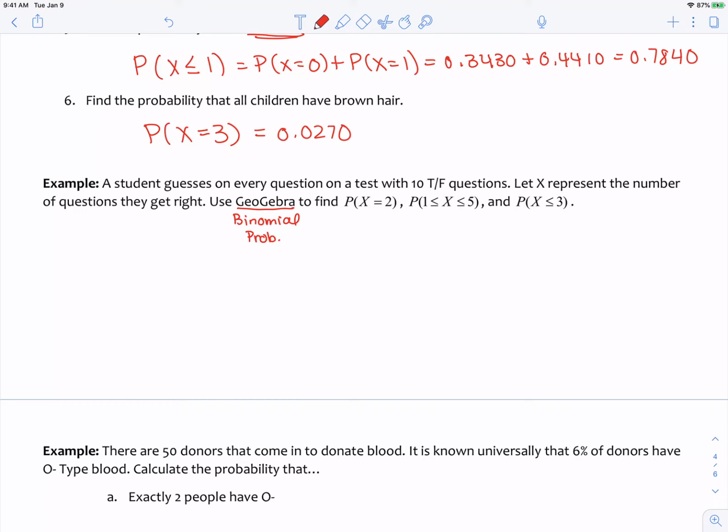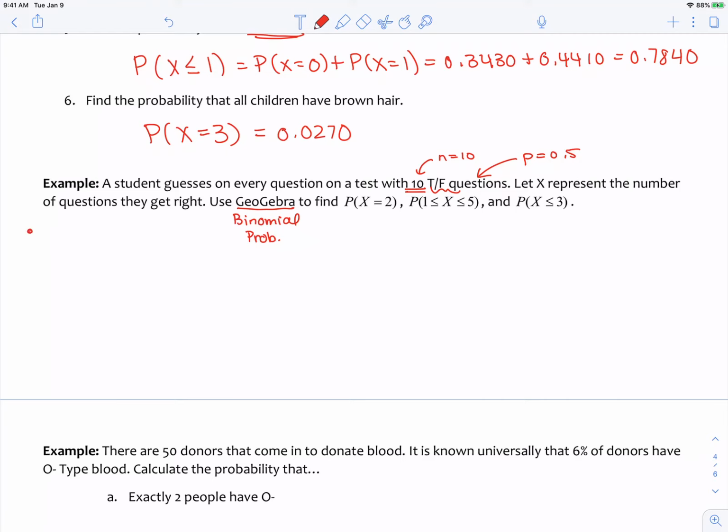So I know that n is going to be equal to 10 because that's how many questions I have. My sample size is 10. I have true, false, and if I'm guessing, that makes my probability of success equal to 0.5. And I only have 2 possible outcomes, right? I could either get the question correct or incorrect.